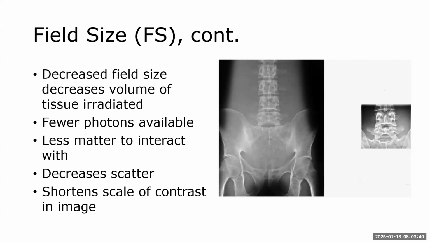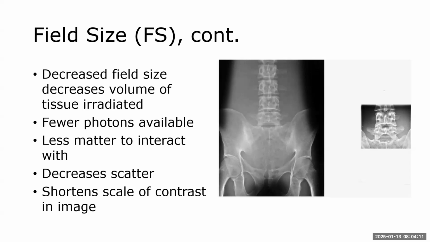Scatter. Right? We've gone from this big field size down to this little square of L5S1. So now that's less matter, right? Smaller field size, so there's going to be less scatter. Therefore, anytime there's less scatter on the image, what happens to contrast?